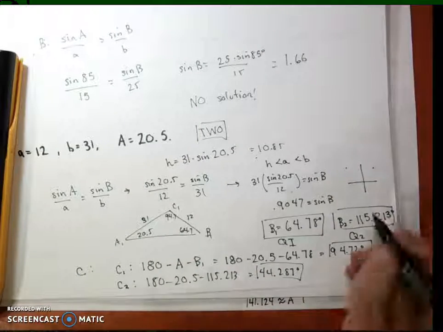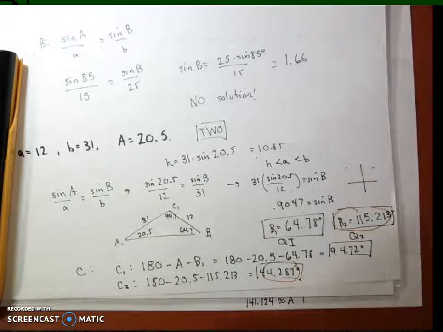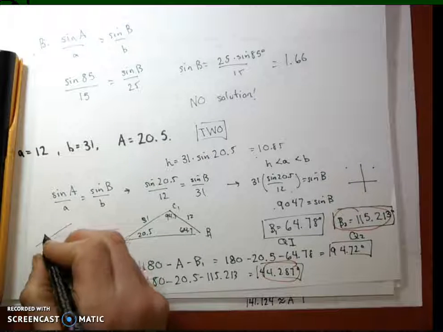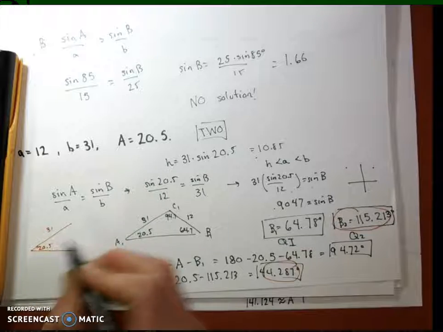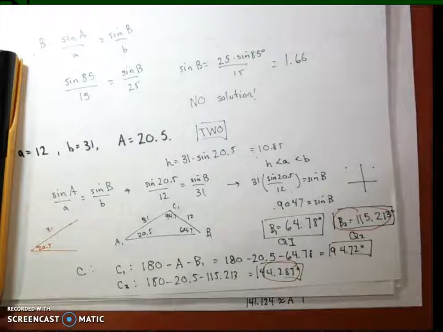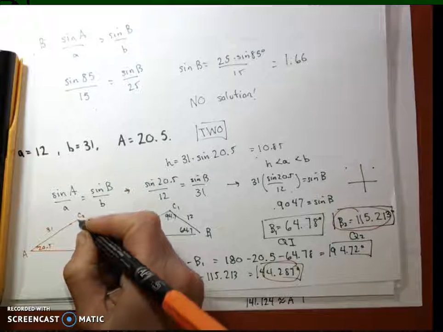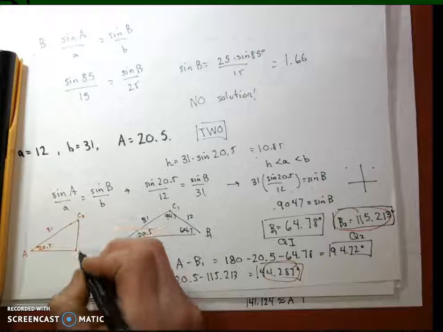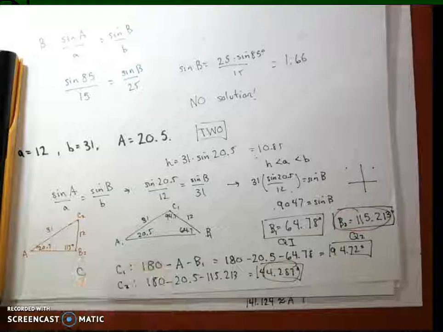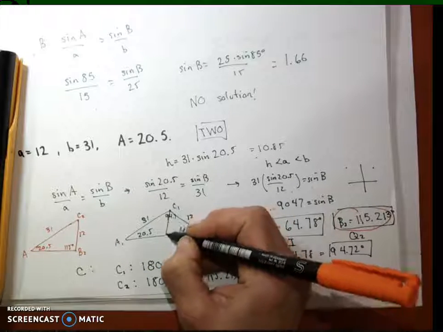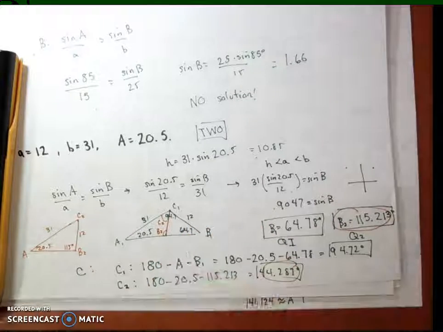And I have this other triangle with B2 and C2, which has b still equaling 31, A still equaling 20.5, but then C2 is 44, and B2 is 115, but I still have this as length 12. So that's like I put it here, and this one was C2, and this one was B2.